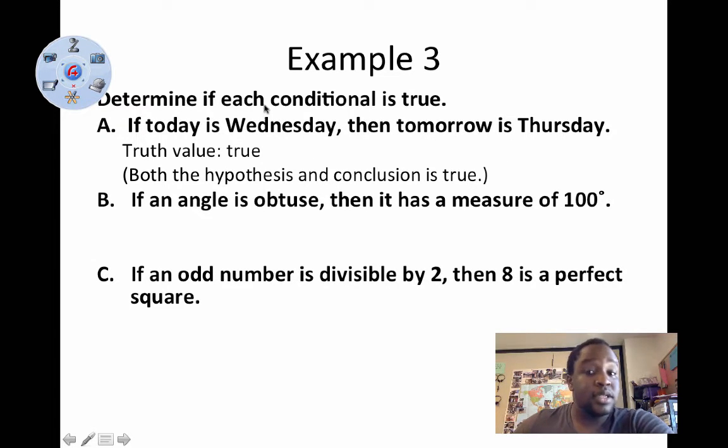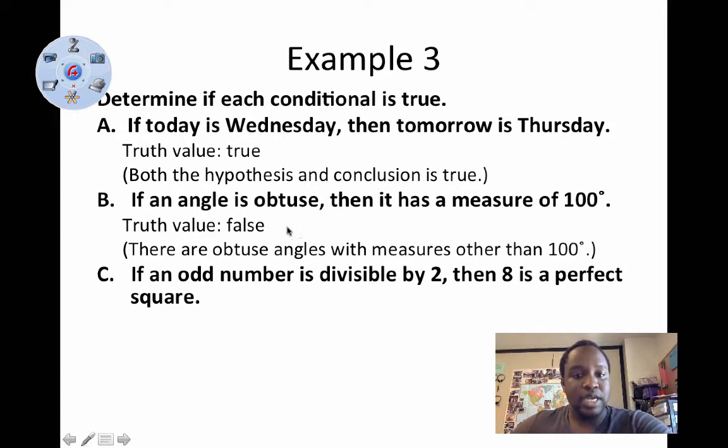Both the hypothesis and the conclusion are true. Now, if an angle is obtuse, then it has a measure of 100 degrees. So the hypothesis is true. If an angle is obtuse, it's true. But the conclusion is false. There are obtuse angles with measures other than 100 degrees.